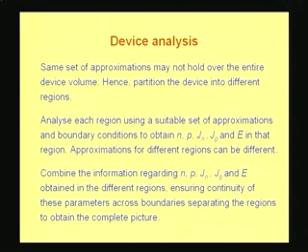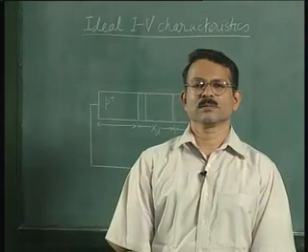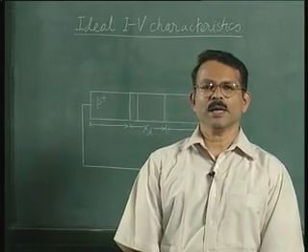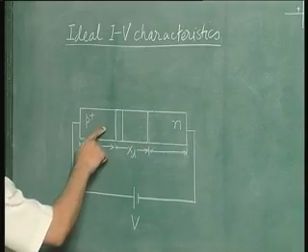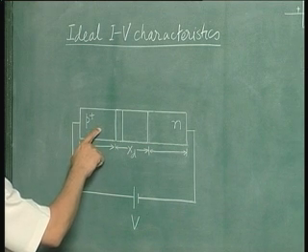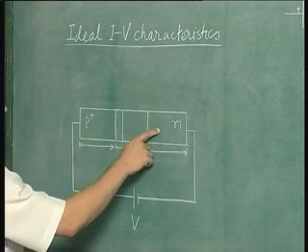The same set of approximations may not hold over the entire device volume. Hence, partition the device into different regions. Now, let us see equilibrium analysis. What has it told us about the partitioning of the device? So, the device is partitioned into 3 regions.